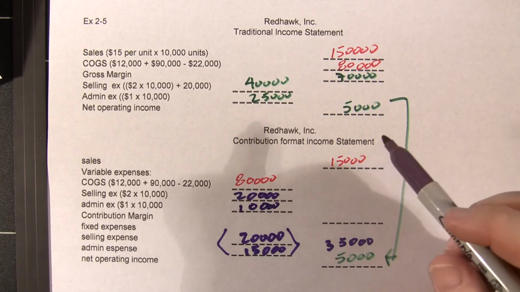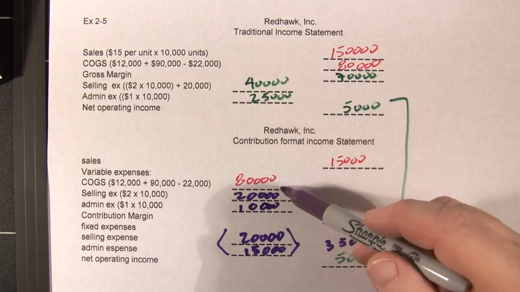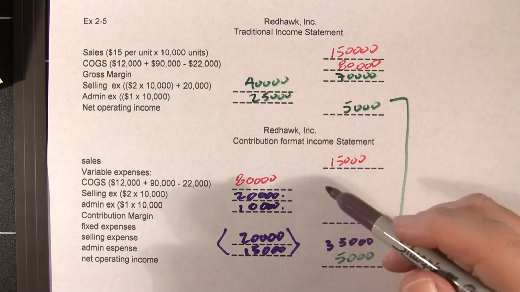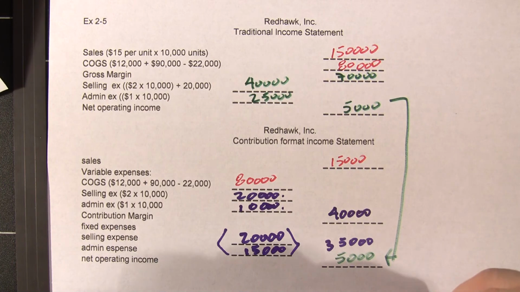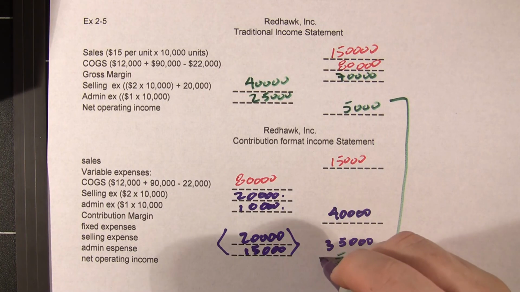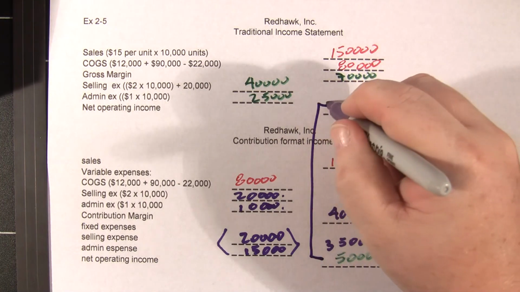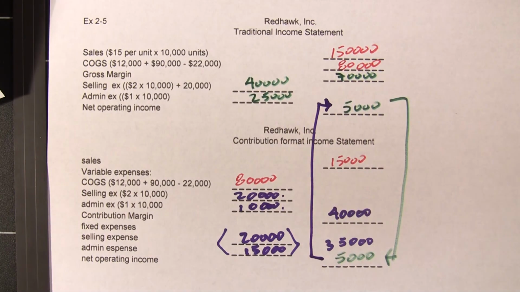So altogether, that gives us 110,000 variable expenses, which leads us to a contribution margin of 40,000. We subtract our fixed expenses and we end up with net operating income of 5,000. They will be the same, always. The only thing that changes is how you get there.